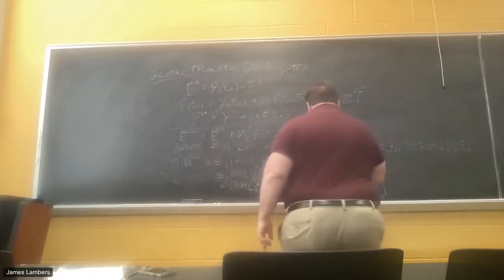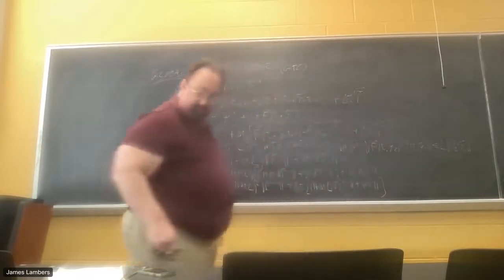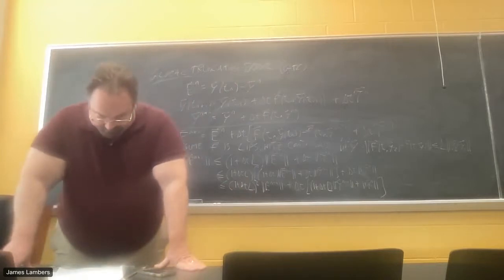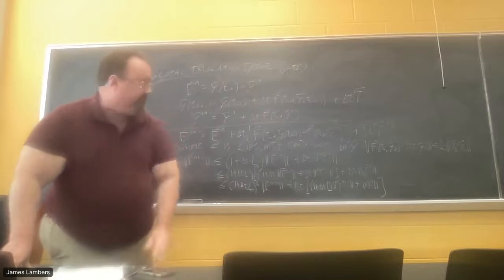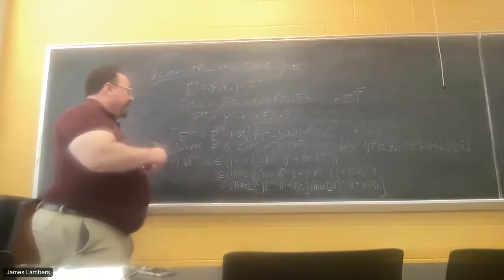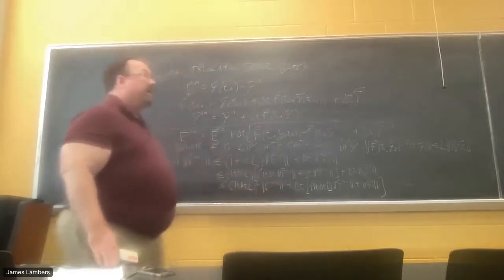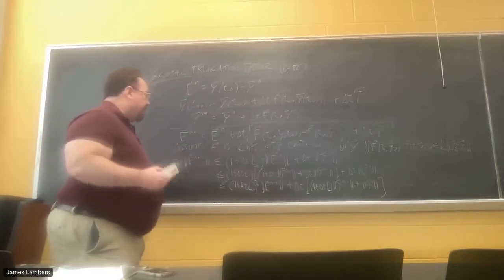Oh, whoops, that's wrong, it's delta T L. So I could keep doing this to go all the way back to E_0 and see what expression I get for the global error.